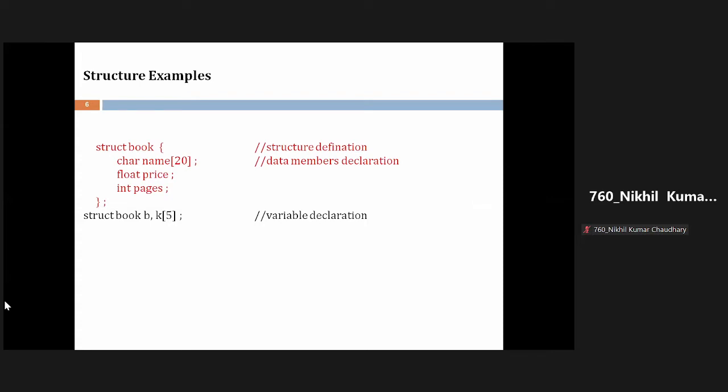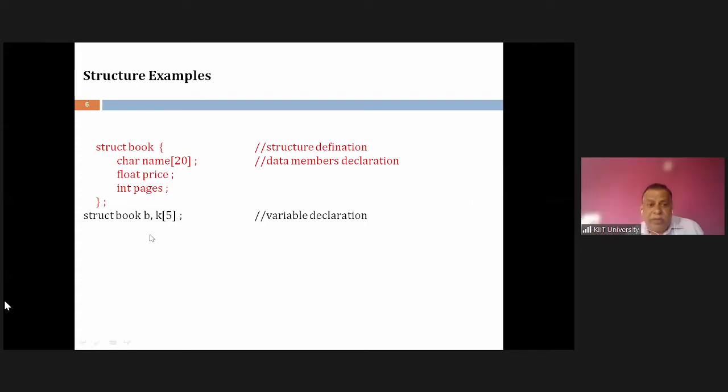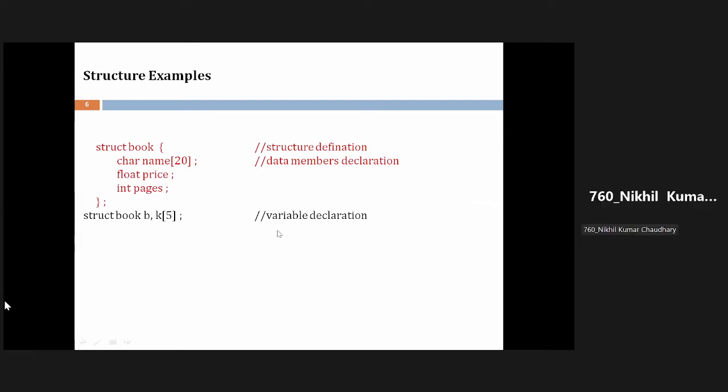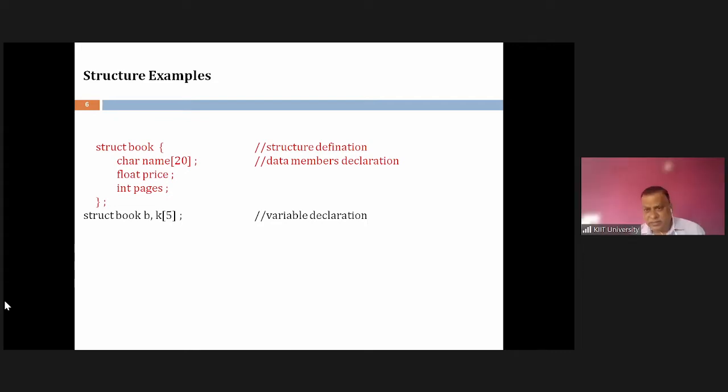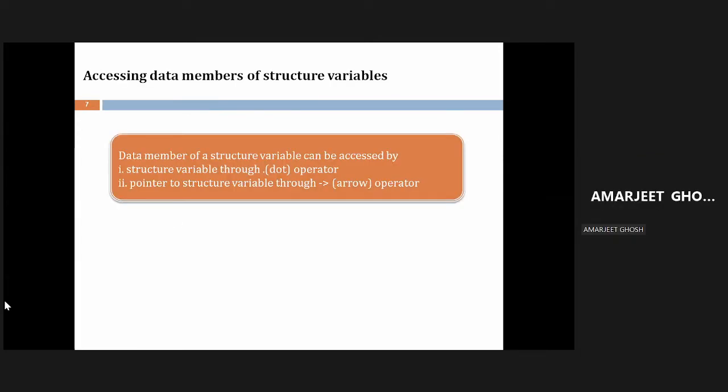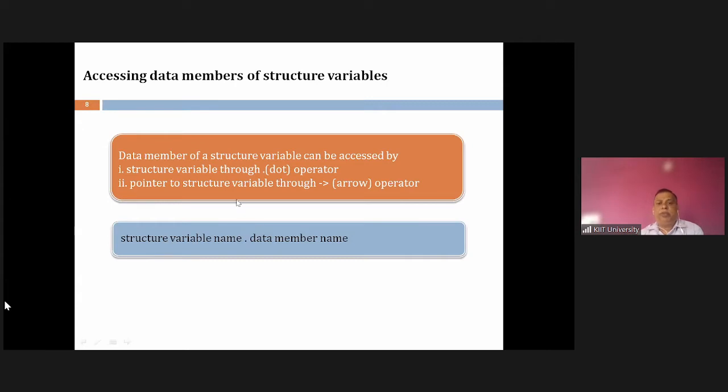So every character can be accessed by writing B dot name of 0, 1, 2, using the index number. So before the dot, we write the name of the structure variable; after the dot, the name of the data members.